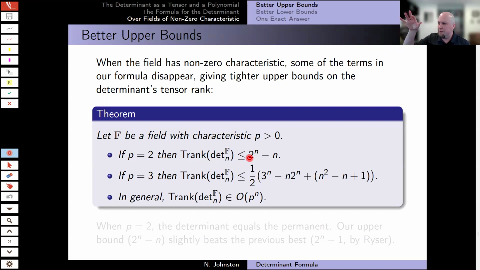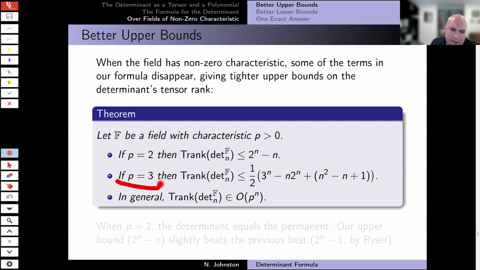It's one of these funny in-between growth rates: quicker than k to the power n for any fixed k, but slower than n to the n. So when your field has characteristic 2, the upper bound on the tensor rank is 2 to the n minus n, which is quite a bit smaller than the nth Bell number.